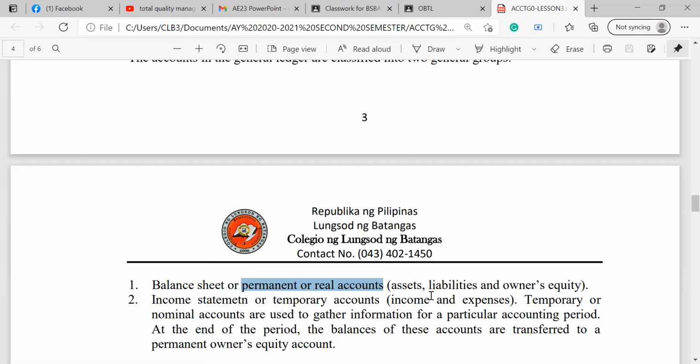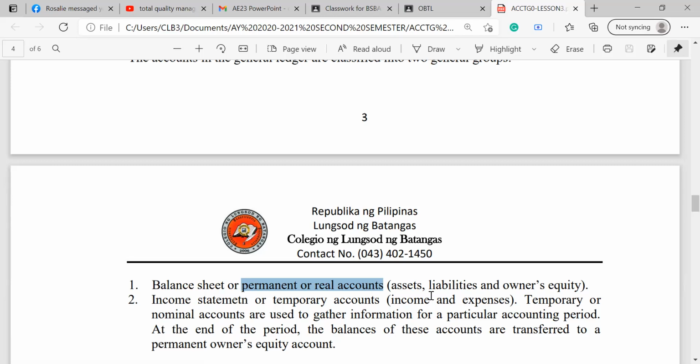So, zero na ulit yung income. Bakit? Kasi yung 100,000 na income mo ng 2019, ililipat mo na or ita-transfer mo na siya sa permanent account. So that pag nagsimula ang 2020, January 1, 2020, the balance of your income account is zero.